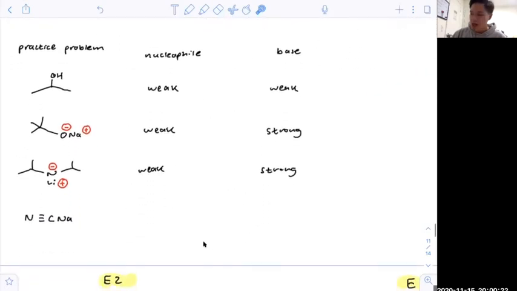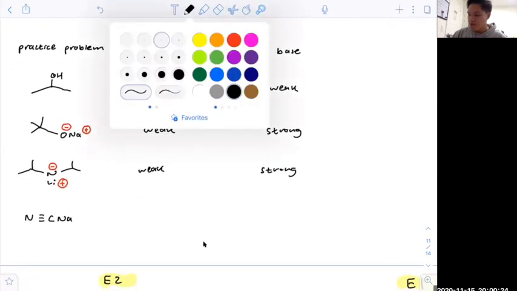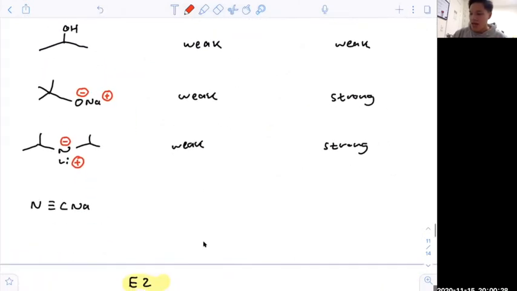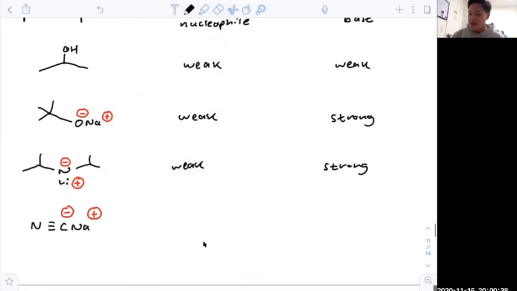And then let's look at this nitrile element right here. Again, the carbon is on the negative and then this Na is on the plus. So everything looks promising about a nucleophile, right?